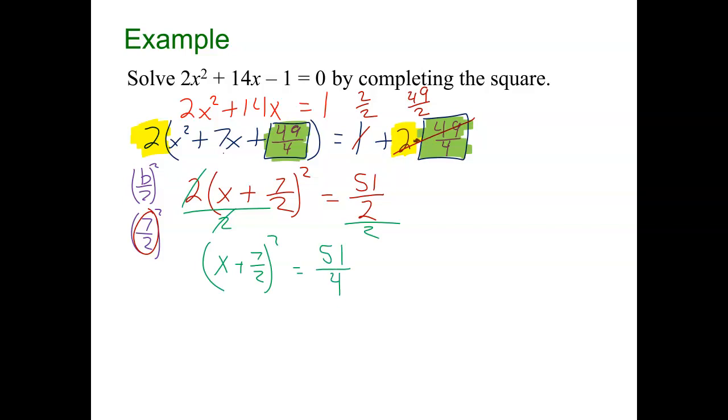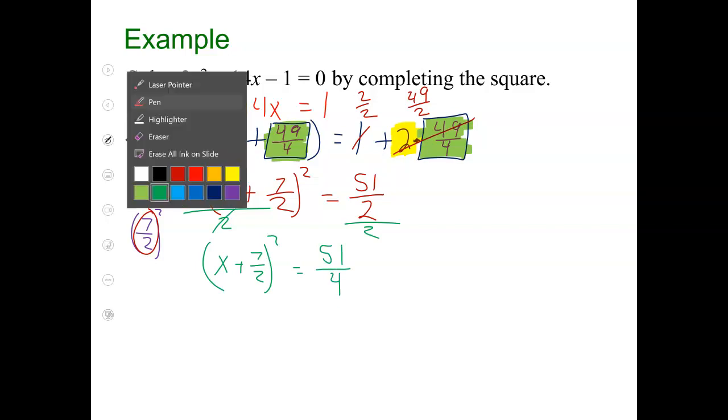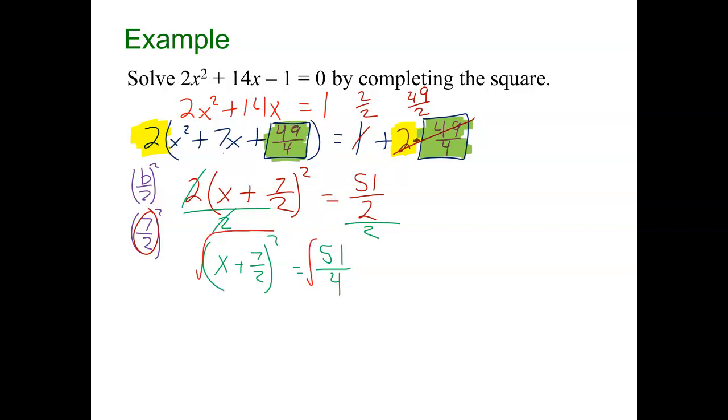Now I can do my square root property. What am I going to have on the left? X plus 7 over 2 equals what? Anything else? Plus and minus. Okay.